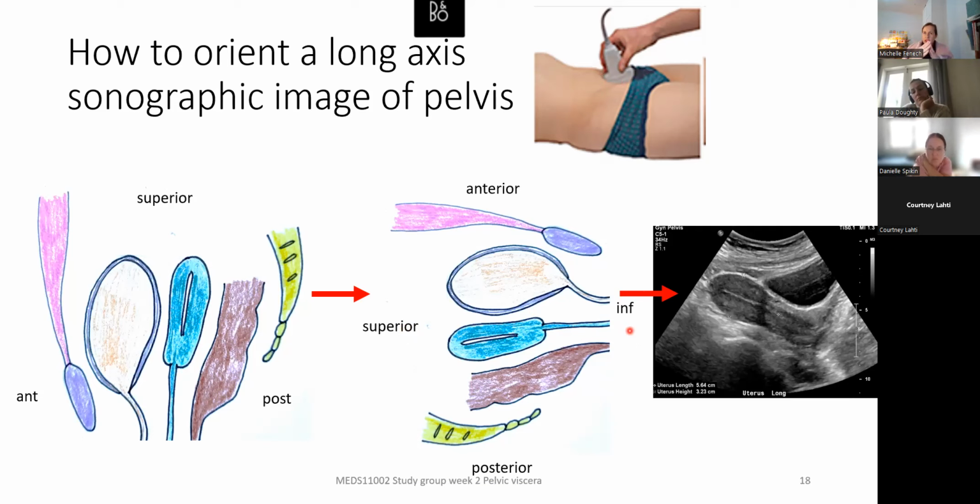You would have probably learned that each probe has a notch, and that notch either faces towards the patient's head or towards the patient's right side to allow us to get an image that's orientated in the right way. Yeah, you can think of it. I've never thought of the probe like a knife before, but yes, you could sort of think of it that way, just that always the tip of the knife always has to be pointing to the patient's right side when you're in transverse.